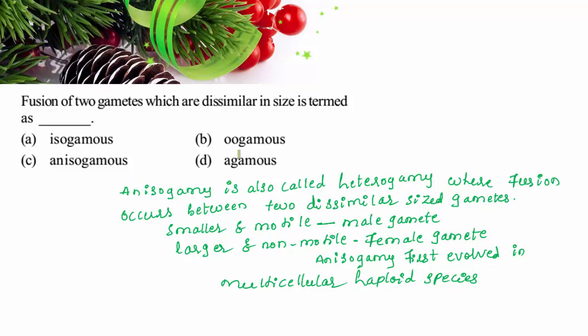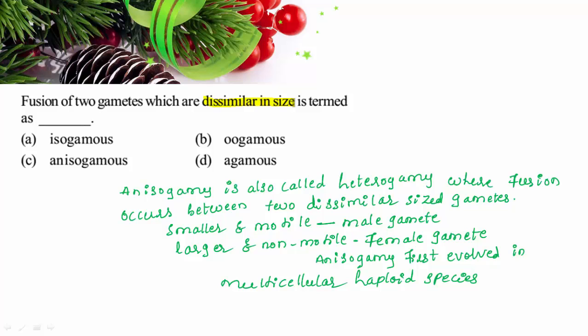Fusion of two gametes which are dissimilar in size is termed as. The given options are isogamy, oogamous, anisogamous and agamous. What is the statement given? The fusion is occurring between dissimilar sized gametes.